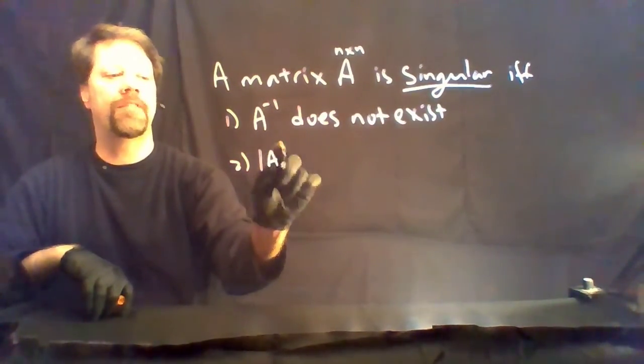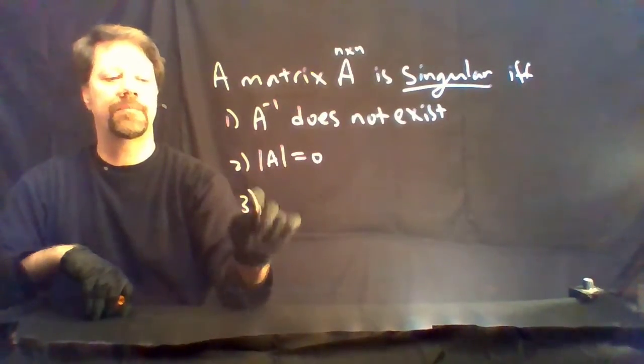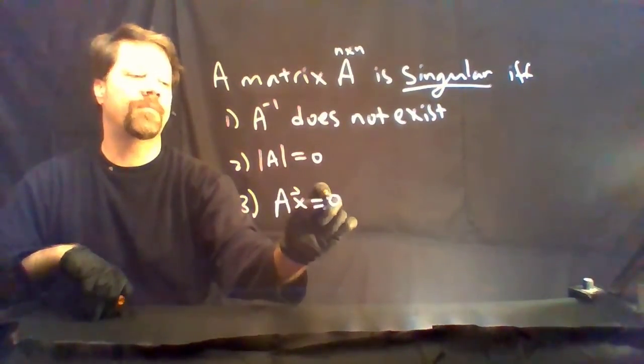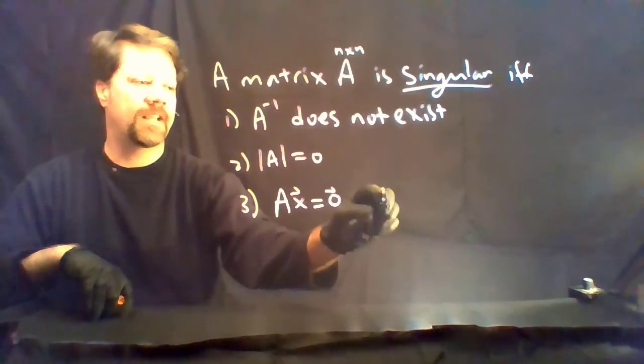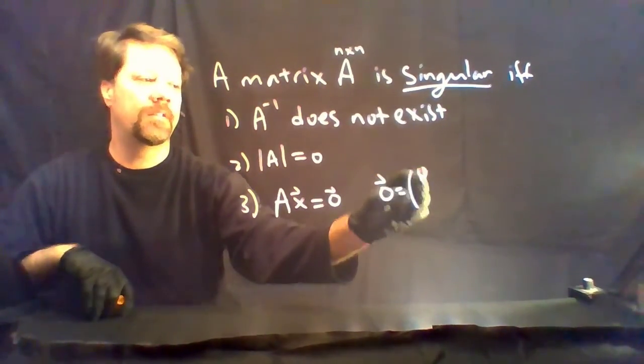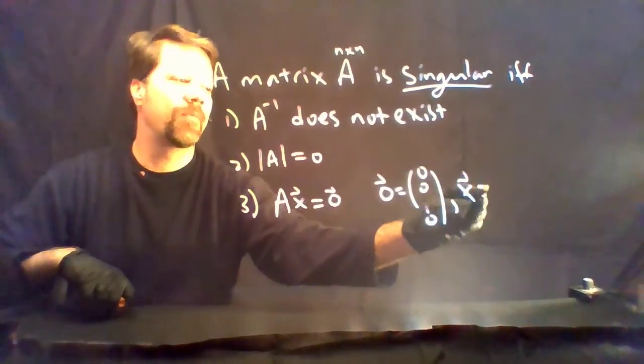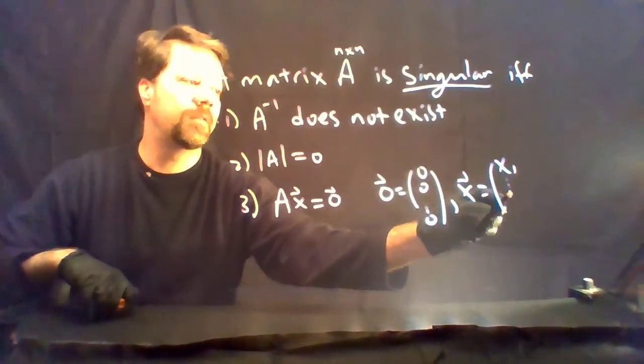The determinant of A is 0. AX equals 0, the 0 vector. Here I'm saying 0 is the vector, whereas X is the vector x1 through xn.